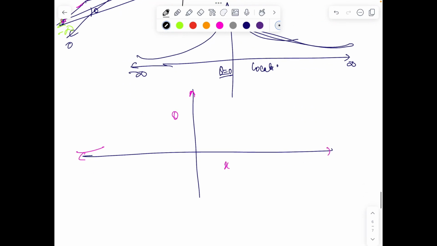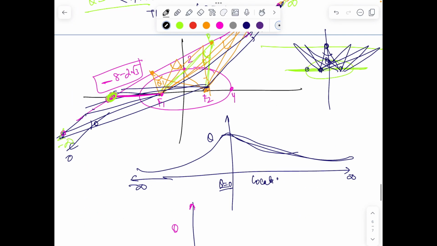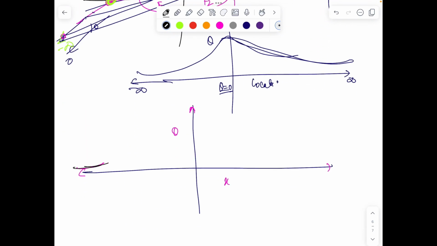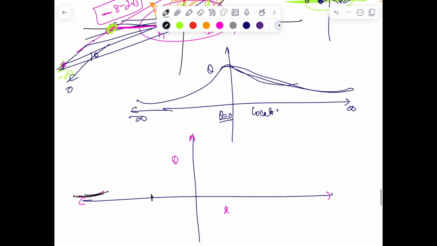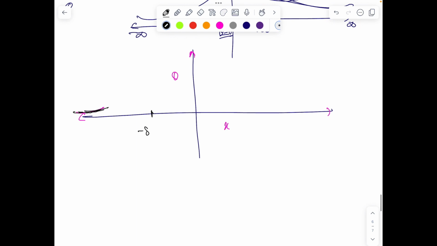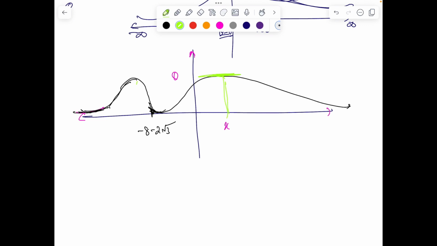So how will the graph look? Now at minus infinity it will be 0, but it's going to be 0 at still some point, which is minus 8 minus 2 root 3. So it will come like this. It will have a minima, or it will die, and now we know it will die at infinity, 0. So qualitatively I know there will be two maximum values.